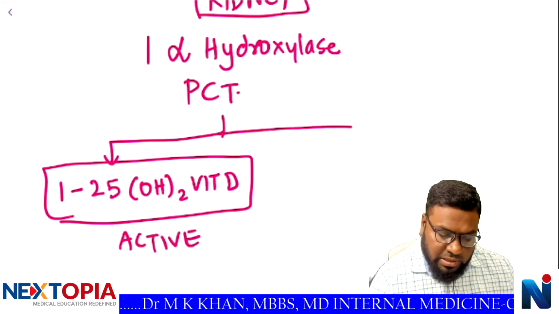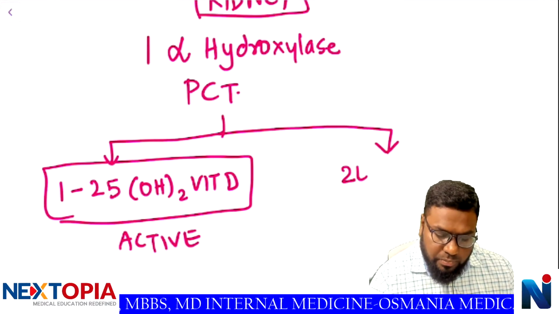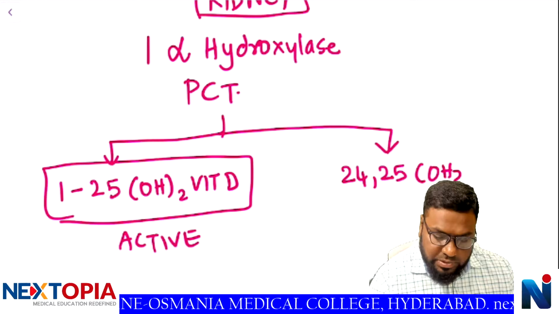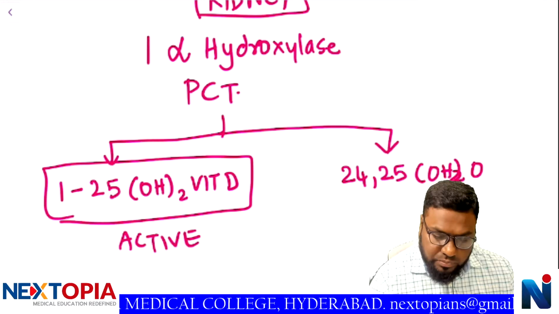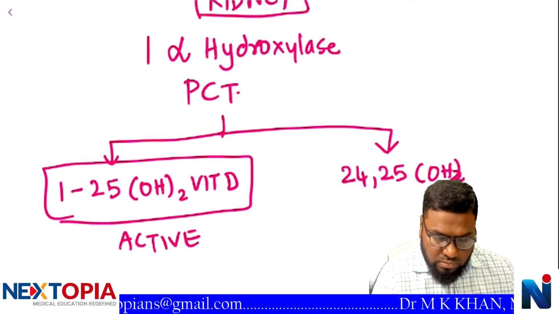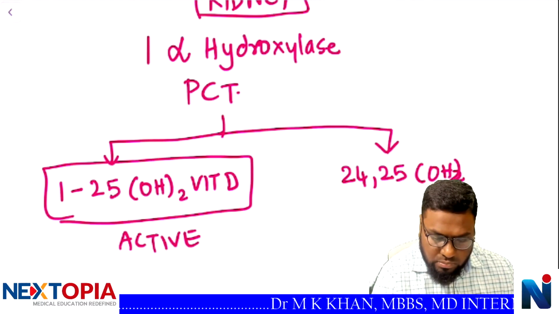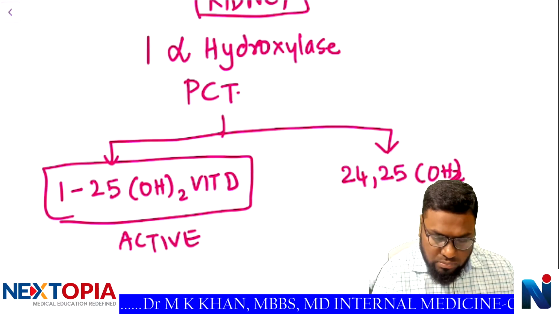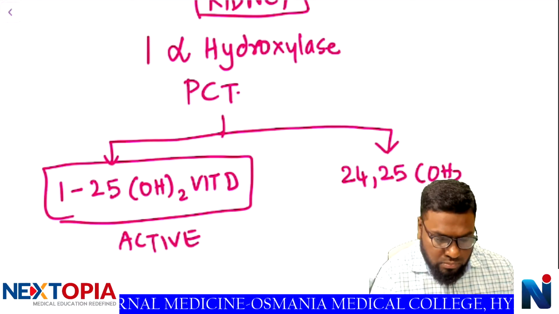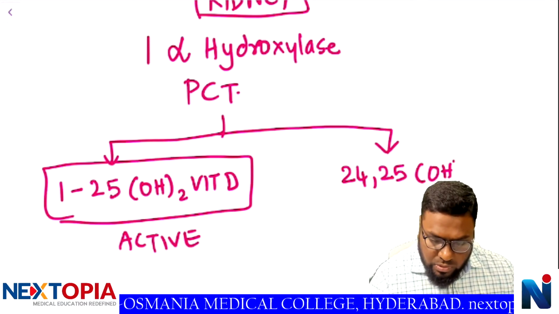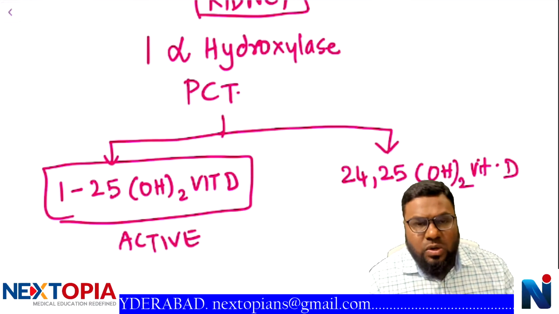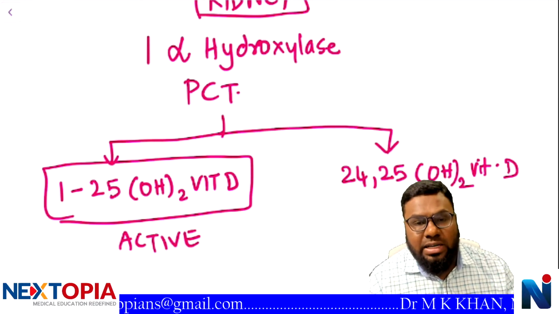There is one more product formed, that is 24,25-dihydroxy vitamin D. This is also a form of vitamin D, but with low activity.